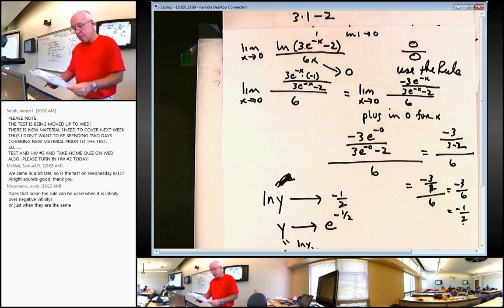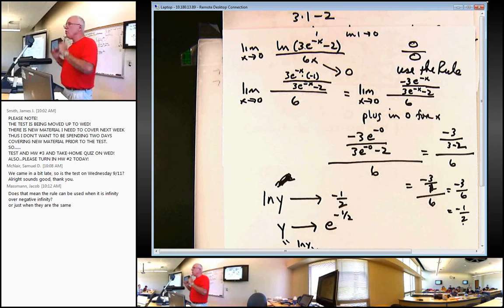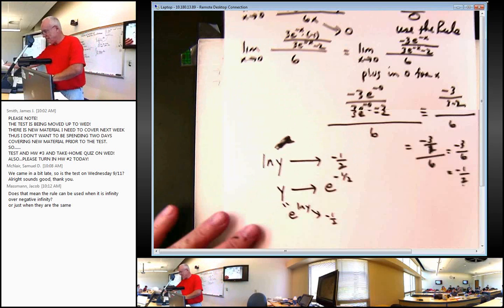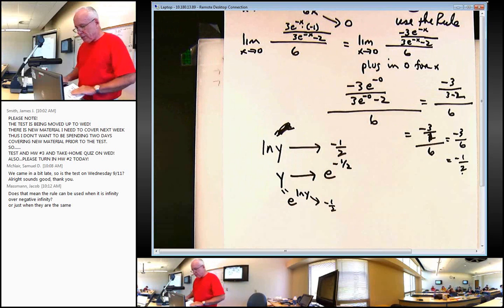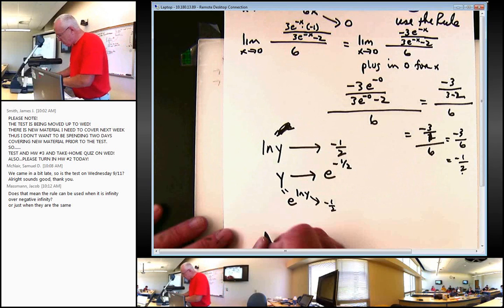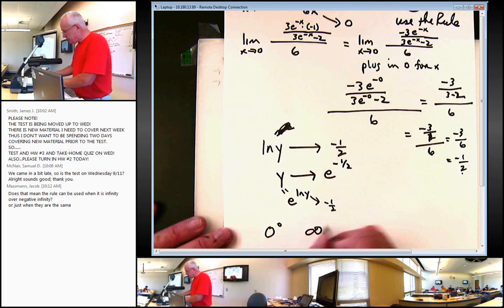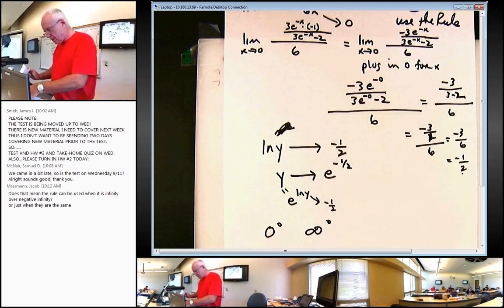All right. And one more indeterminate form. Remember, we have 3 cases here. So far we've looked at the 0 to the 0 case, we've looked at the infinity to the 0 case. I think that's what we looked at.